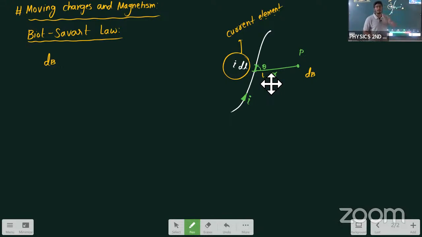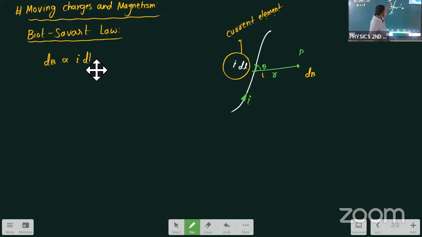If I increase the current from 1 ampere to 5 amperes, definitely the magnetic field created at this point increases. If I increase it to 10 amperes, the magnetic field at this point will increase further. So the magnetic field created at point P is directly proportional to the current element I dL.